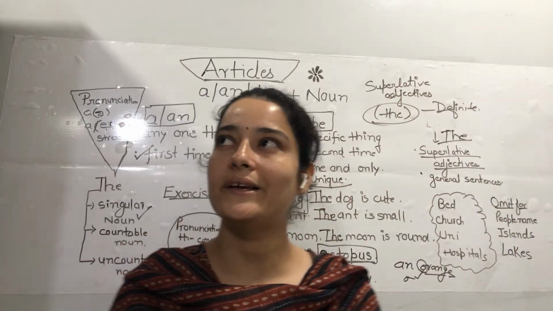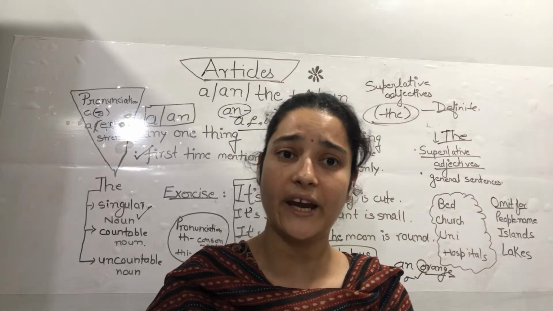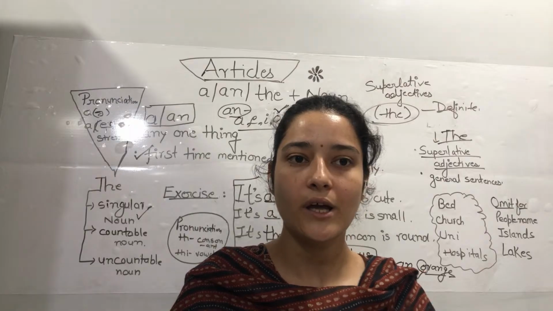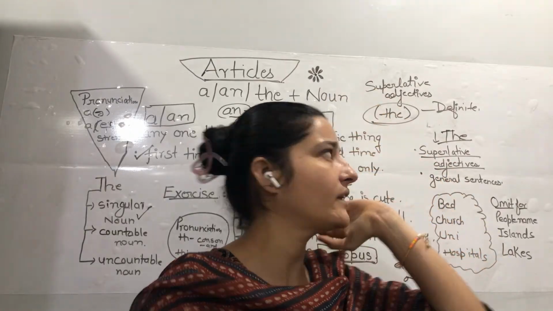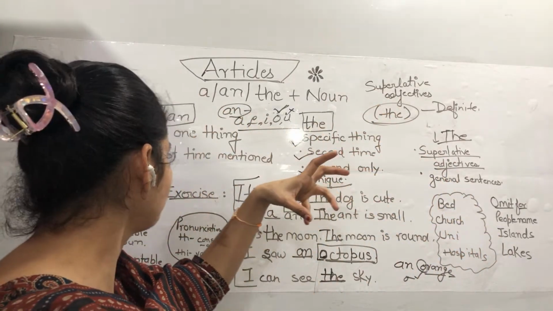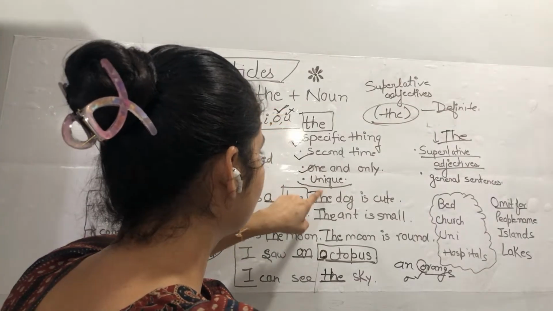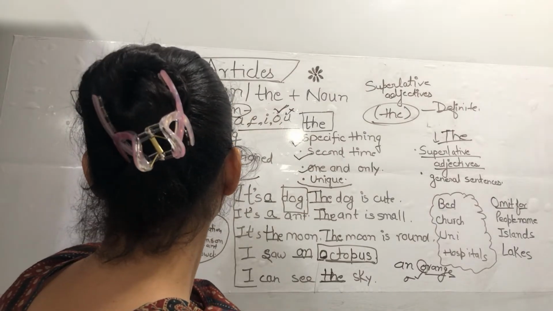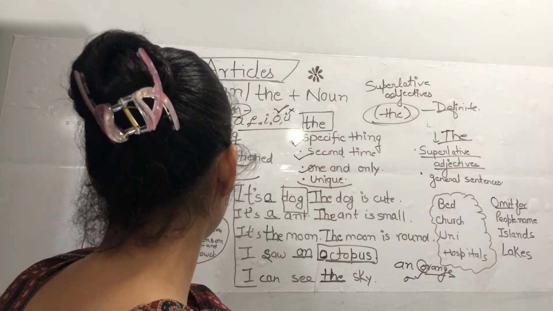Because if anything is definite, that is sure, we are sure about that. But indefinite, we are not sure about that. So when there is definite article, like I told you, that you're sure about anything, any one thing, first time mentioned.